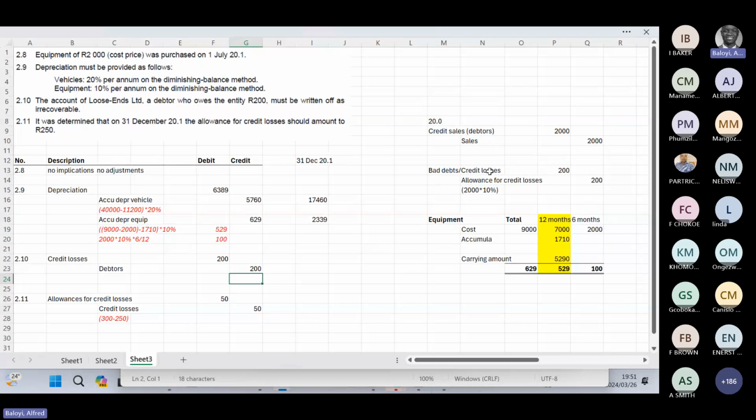Remember the example I gave: when you initially recognize allowances for credit losses, you create an expense. Now, because you want to reduce the amount, it will be an income. So you want to reduce it from 300 to 250, so the 50 will be the income. That's why it goes to the credit side. I hope that makes sense.